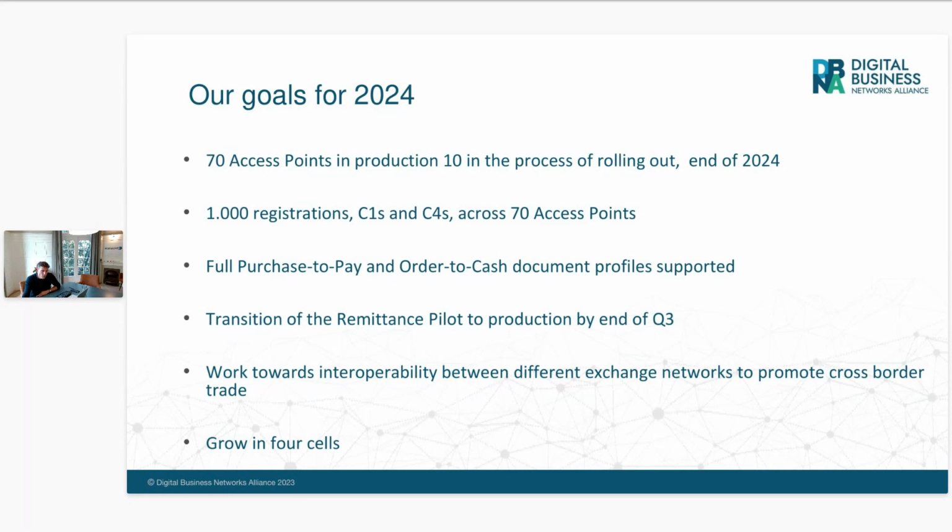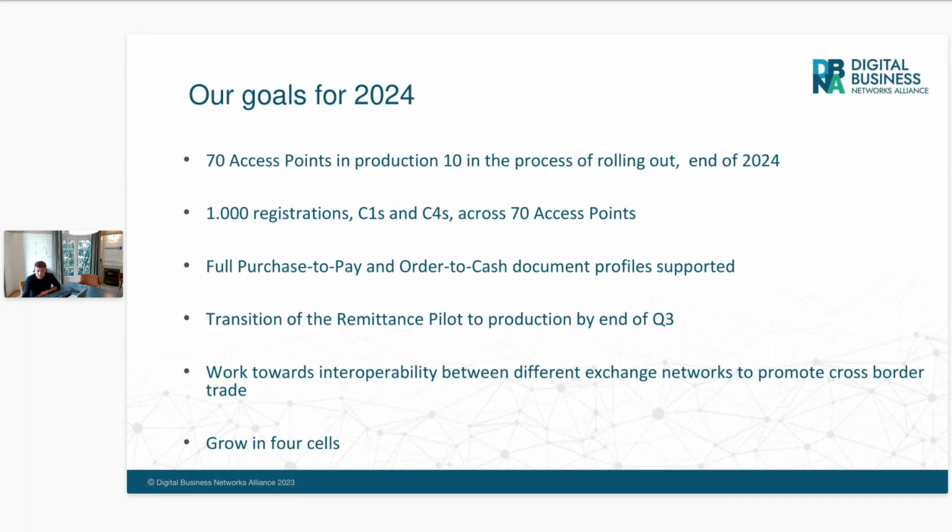The transition to the remittance pilot, this is the BPC I talked about. The BPC needs the network for transport of the remittance documents, remittance advice documents, and that pilot is planned in Q3. And we work towards interoperability between also other networks.